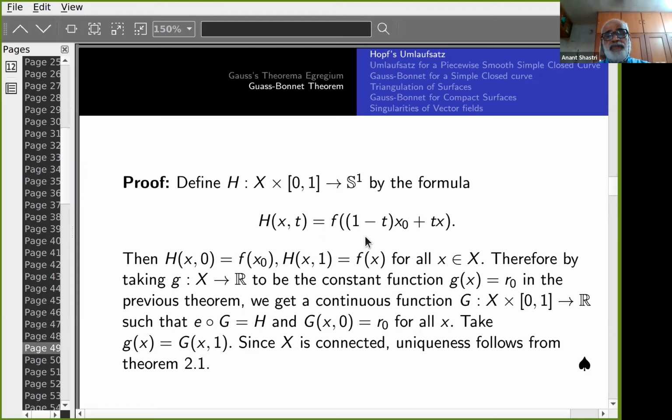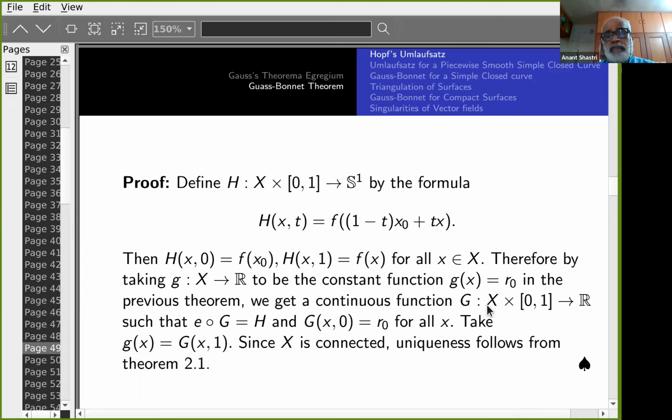That is the lift of f(x), because E of this is nothing but E of G, which is H of (x,1). H of (x,1) is f(x). As soon as one point is determined, the entire function is determined, which is one of the theorems that we proved last time, because any convex set is connected.